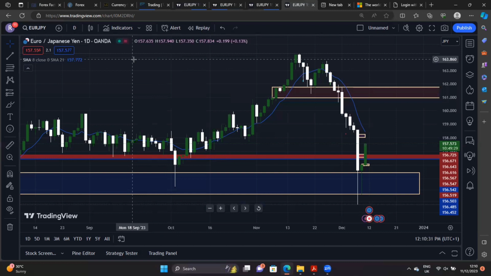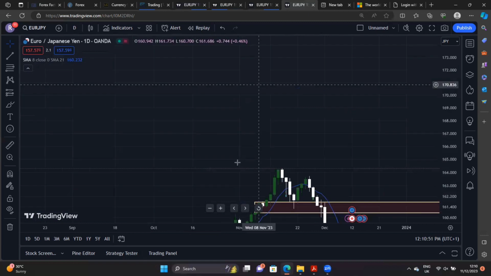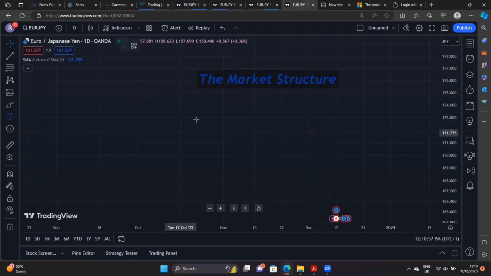From our training on market structure, you would be equipped with powerful knowledge of the 3 types of market: the trending market, the ranging market, and the choppy market. In this particular section, we will be doing all of those. But I will start the market structure with the trending market.